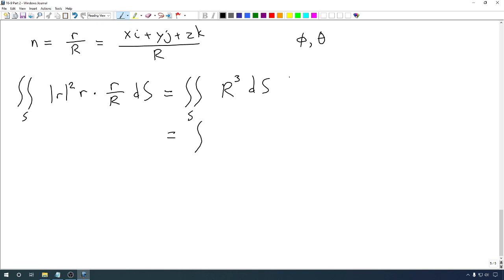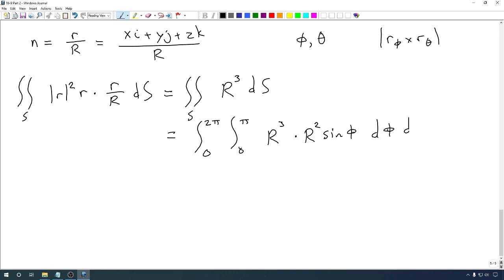But when we actually parameterize this, remember we have phi and theta, so we'll go from 0 to 2 pi on theta, 0 to pi on phi. We have r cubed in here, but then we also need the magnitude of r phi cross r theta. That's part of doing our scalar surface integrals. And we saw that in this parameterization based off of spherical coordinates, this is actually going to just be r squared sine phi. Then we have d phi, d theta.